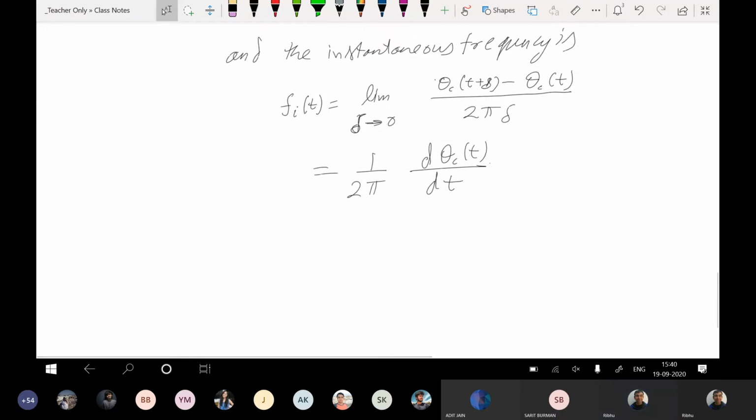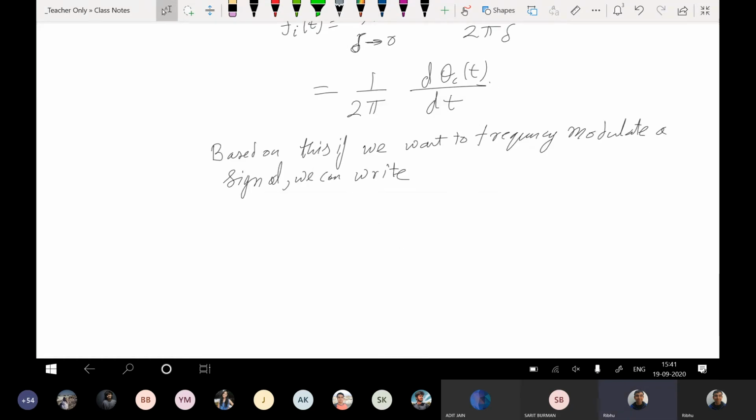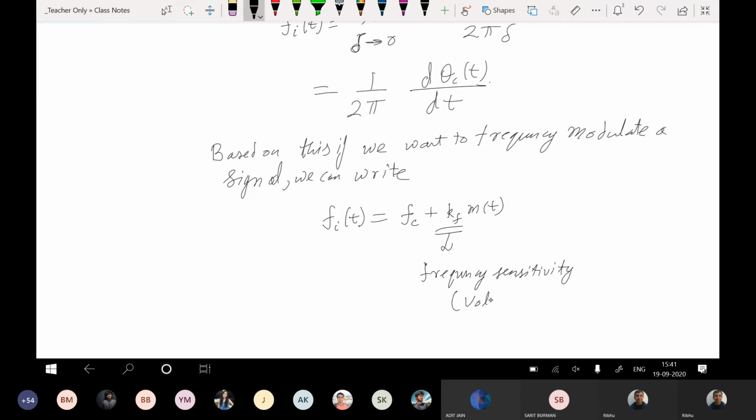And based on this, if we want to frequency modulate a signal, this is called the hertz per volt.